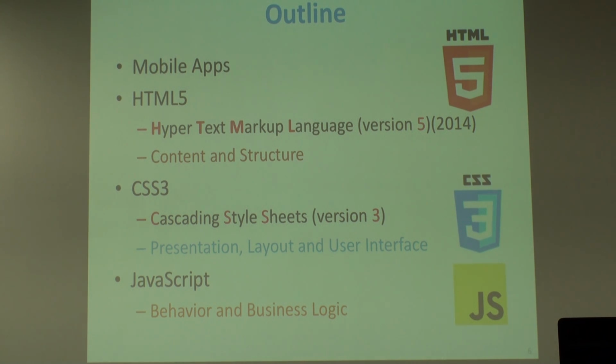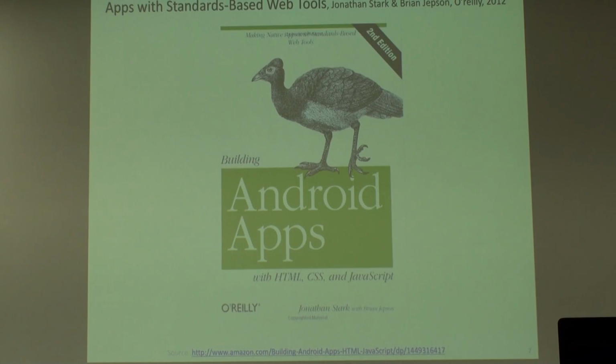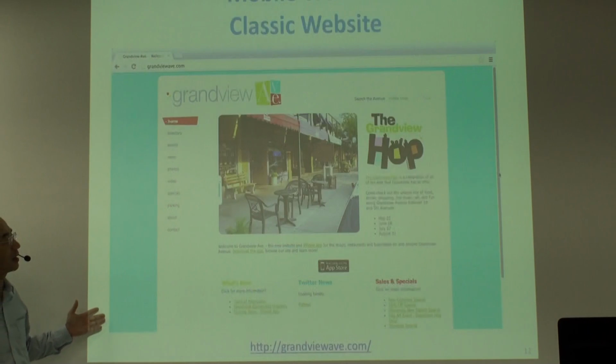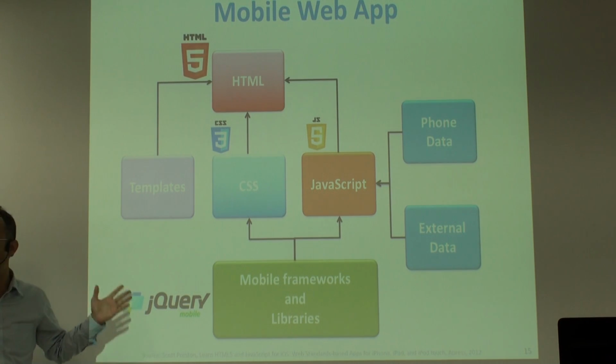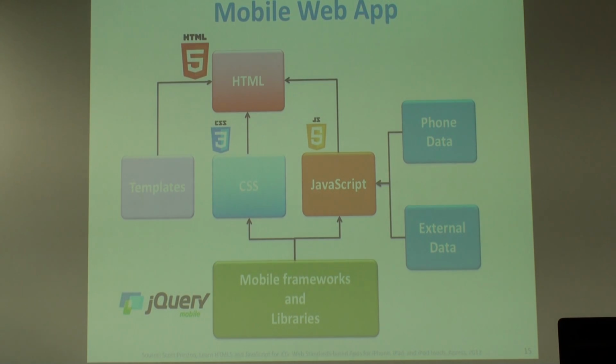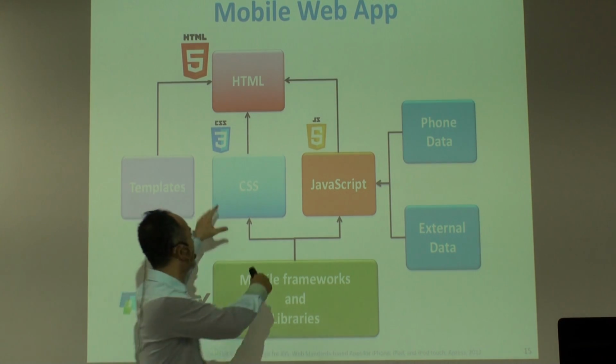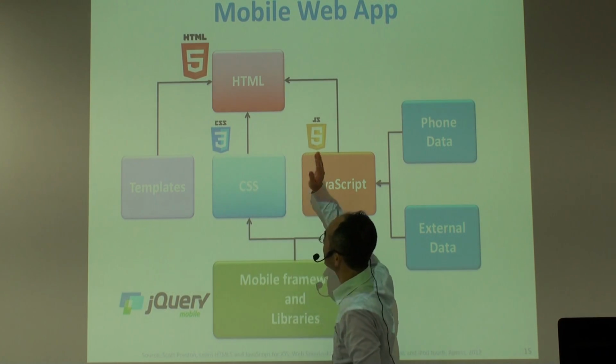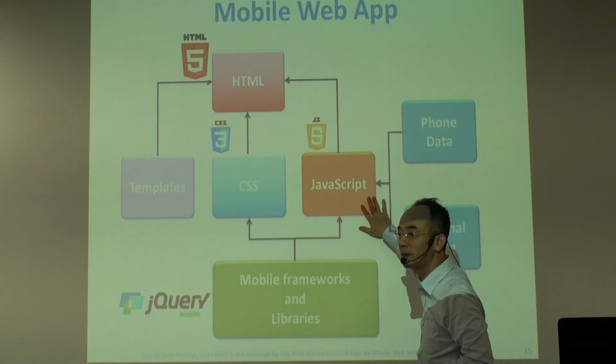And for the content, meaning the layout and the structures, it is HTML5. So we are talking about these three technologies for developing our web app and also hybrid app throughout this semester in this course. So here are three important technologies: HTML5, CSS3, and JavaScript.